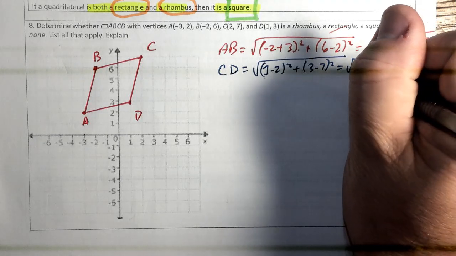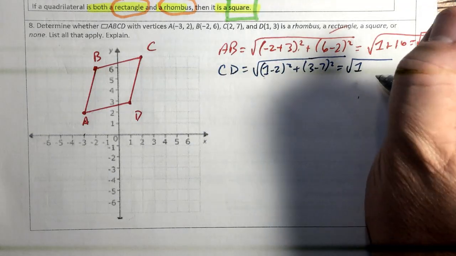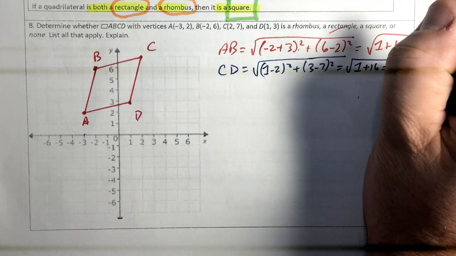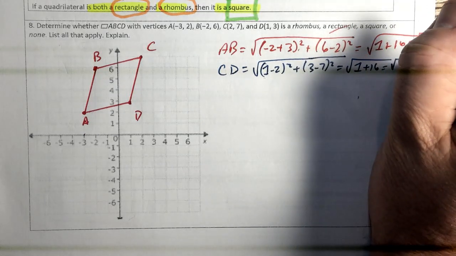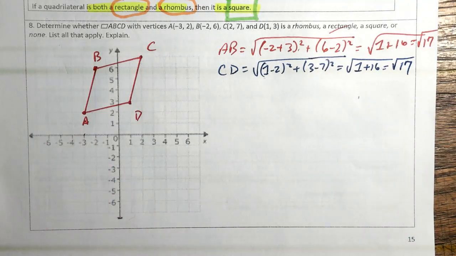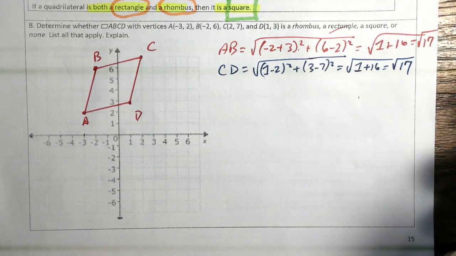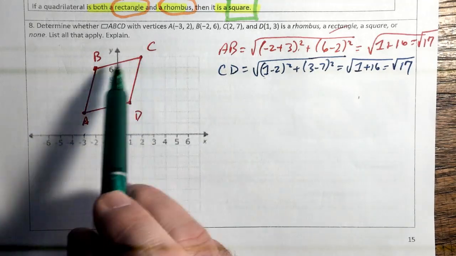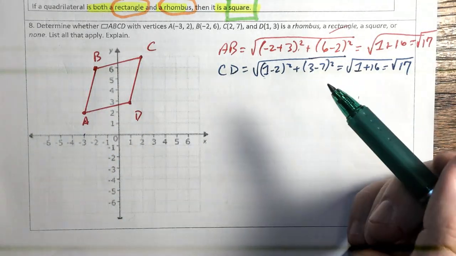Negative 1 squared is 1. 3 minus 7 is negative 4. Negative 4 squared is 16. 1 plus 16 is square root of 17. Okay. So we know at least AB and CD, which I guess we could have checked there. But anyway, we'll just keep going.